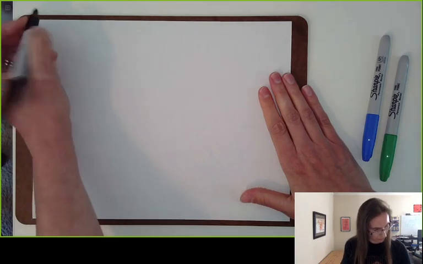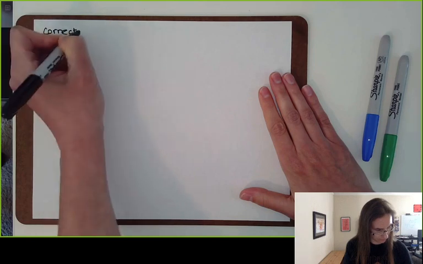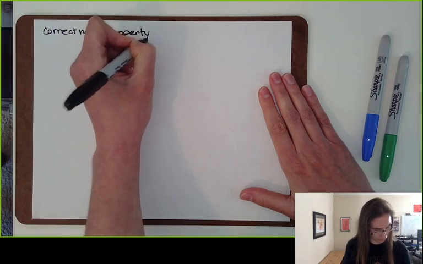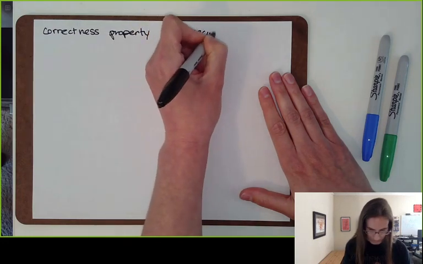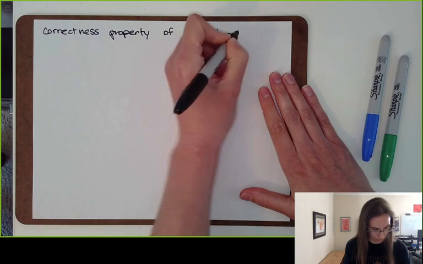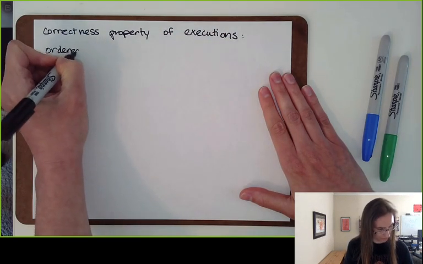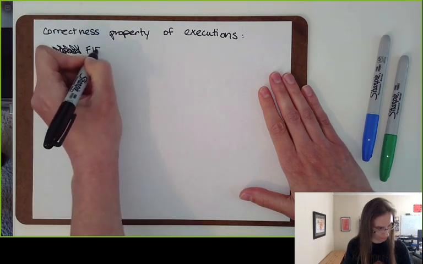So here's a particular correctness property of executions. Ordered delivery. Actually, you know what? I'm not going to call it that. I'm going to call it FIFO delivery.